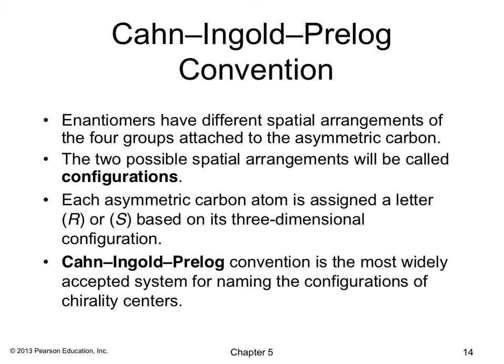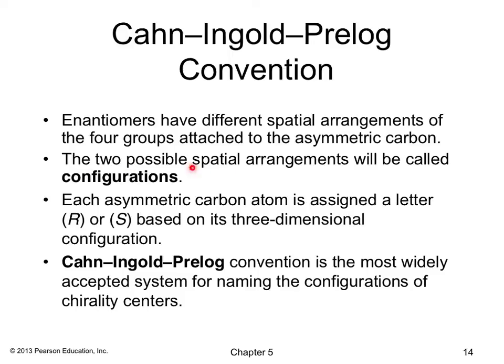Well, Cahn-Ingold-Prelog came up with a convention by which you can actually assign a configuration for asymmetric carbons. And so enantiomers, going back to that example of the alanine, have different spatial arrangements of the 4 groups of carbons attached to the asymmetric carbon.